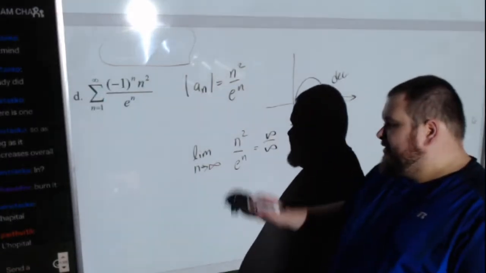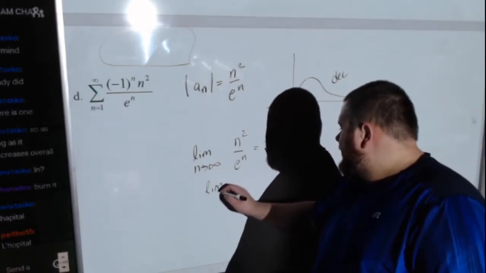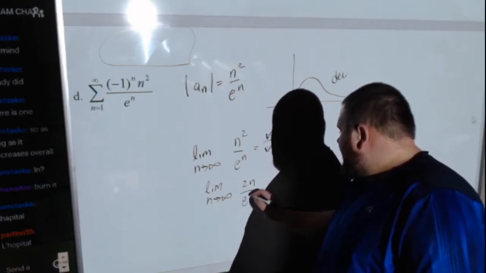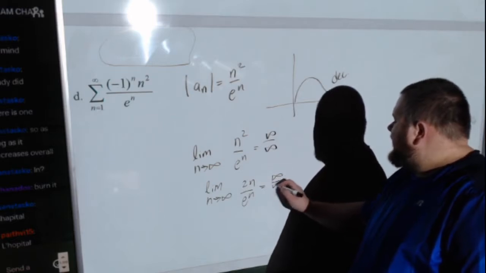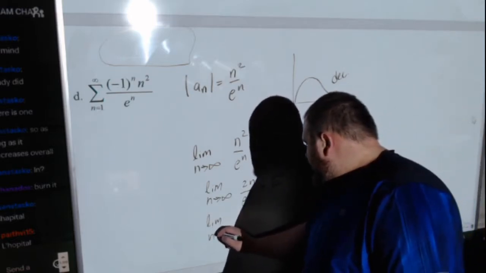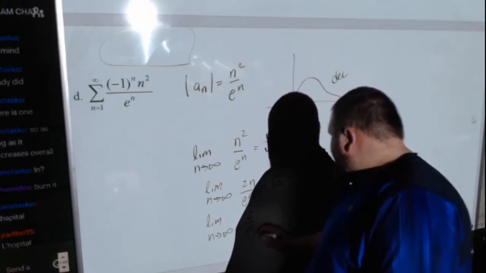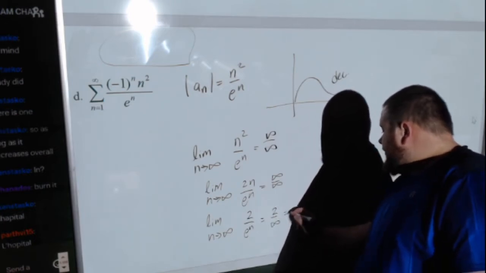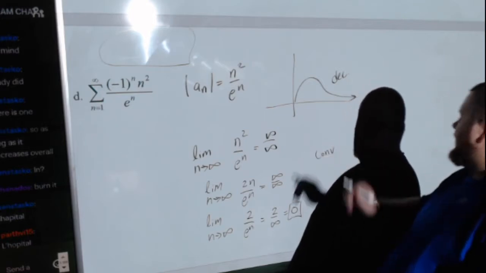So I've got to differentiate top and bottom. So that's now the limit as n approaches infinity of 2n over e to the n. Again, infinity over infinity. So differentiate again. 2 over e to the n. It's 2 over infinity. That's 0. Converges.